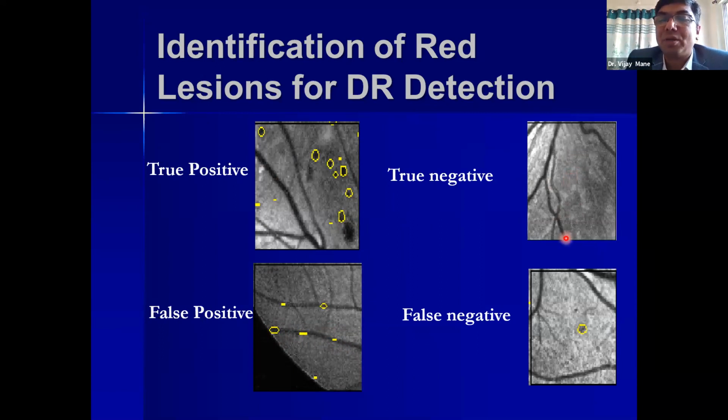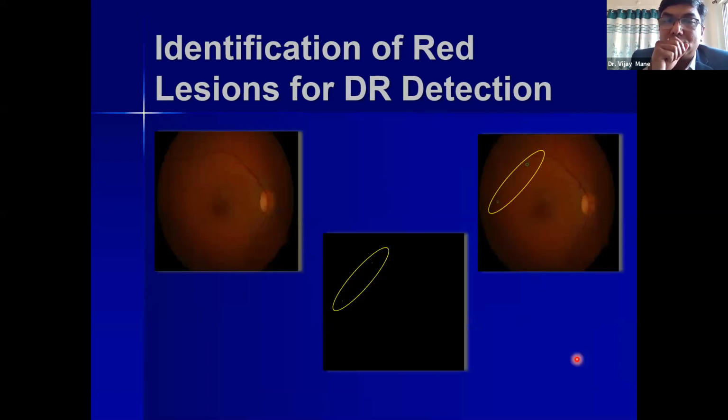A false negative, you can see here, a very small faint blood vessel is there, but at the end it is a connected dark spot, but this is not a microorganism. So our algorithm has detected this falsely as, oh sorry, this is a false negative for a red lesion.